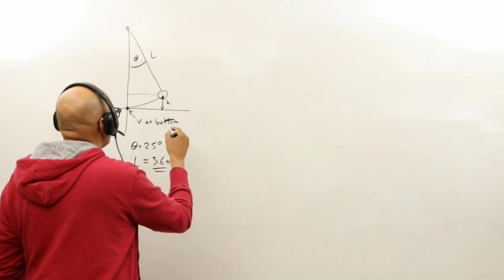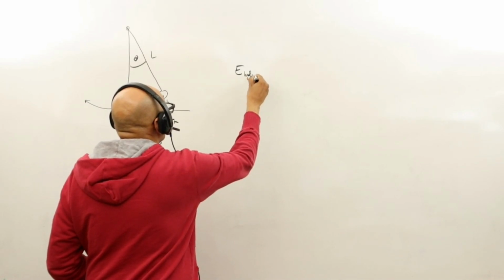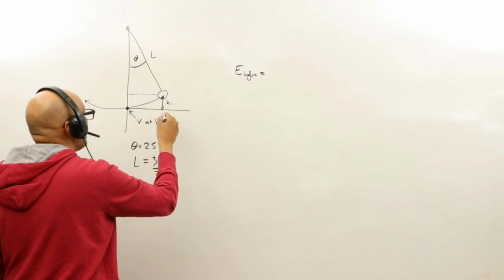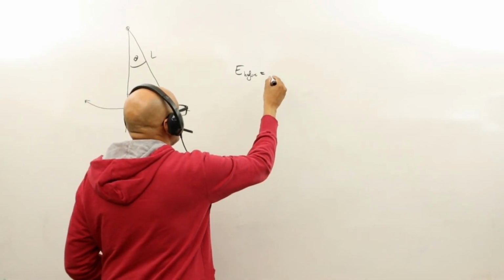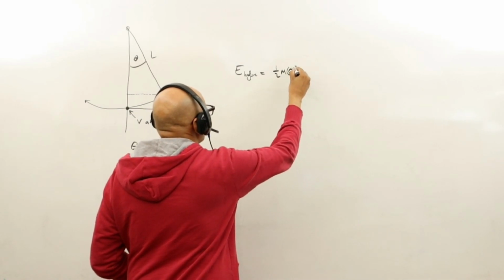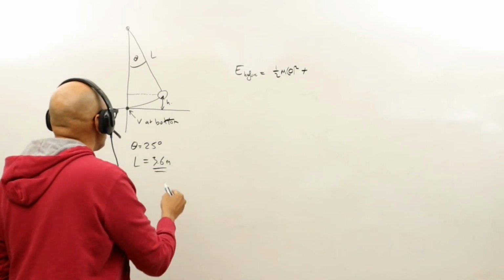So I know that the total energy before the release is going to be zero kinetic energy, since it's released at zero speed, plus potential energy, which depends on the height.